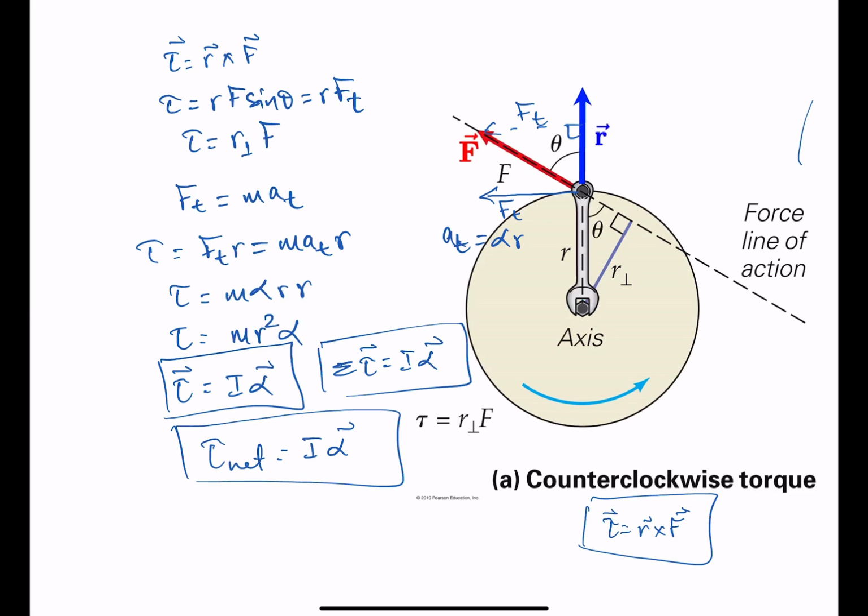For the net torque to be 0, alpha has to be 0, which implies that omega, the angular velocity, has to be constant.